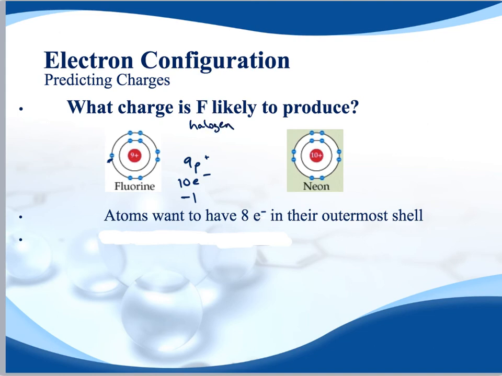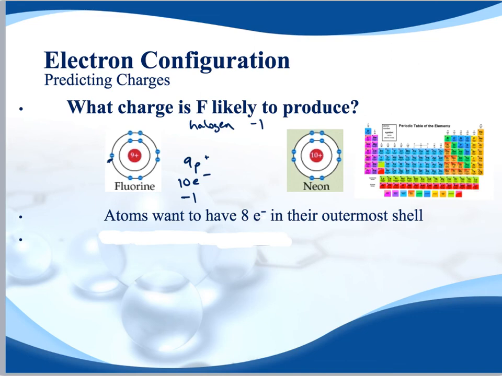Halogens, I told you then, had a tendency to form -1 charges. So the rest of the elements in that family, fluorine, chlorine, bromine, iodine, all tend to form -1 charges when they're forming ions.